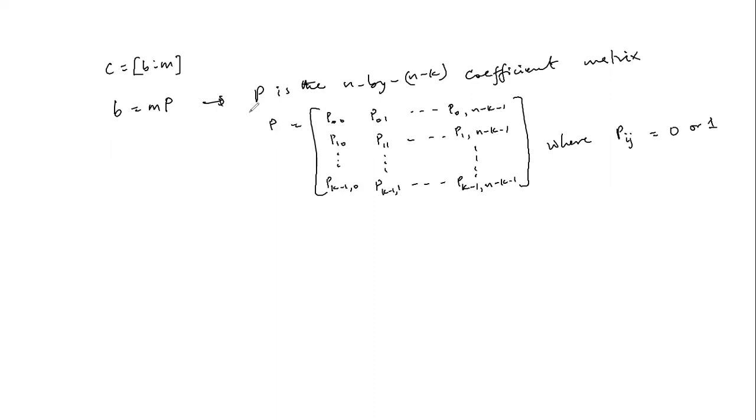So if we substitute for this property, then we have that C is the same as M times the parity P and the identity matrix, where I sub k is the identity matrix, the k by k matrix.